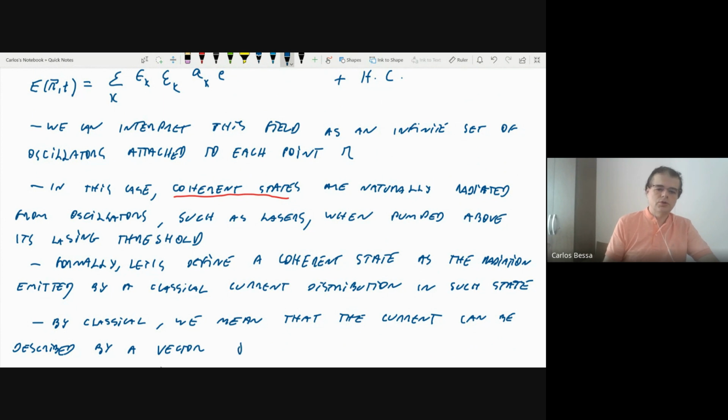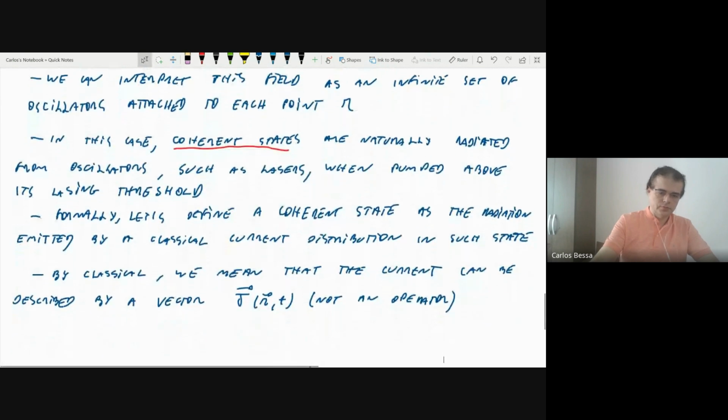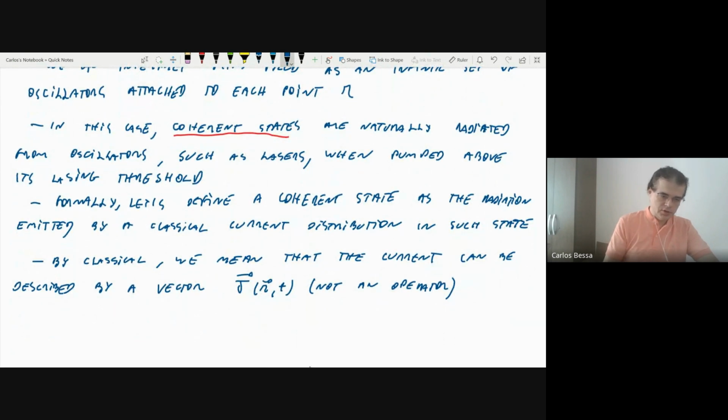Vector, let's call J of R and T, which is not an operator, okay? It's a vector. It's not an operator. So this J here is just the dipole coordinate.